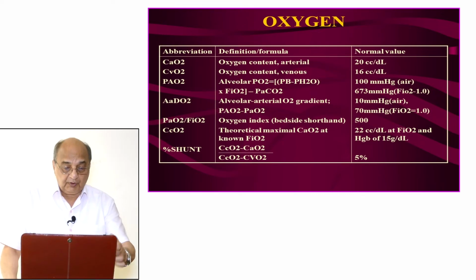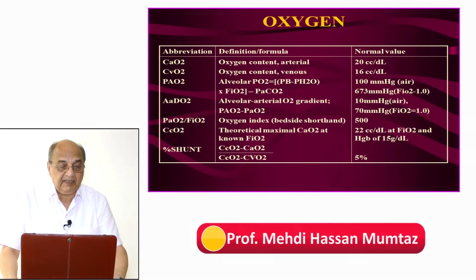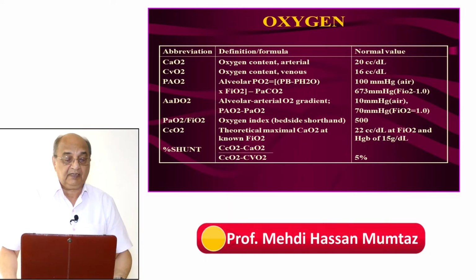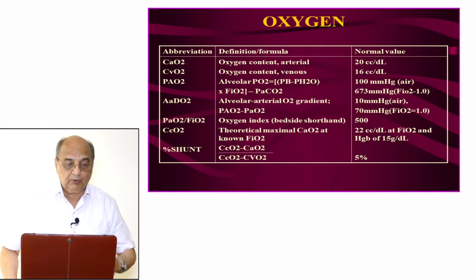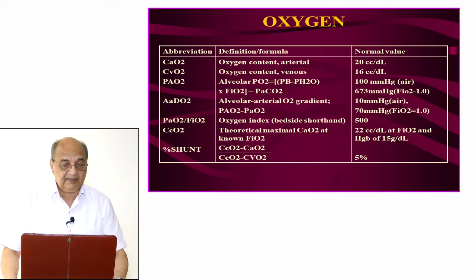There are a few terminologies one should know. CaO2 is the arterial oxygen content, normally 20 cc per deciliter of blood. CvO2, the oxygen content of venous blood, is about 16 cc per deciliter.